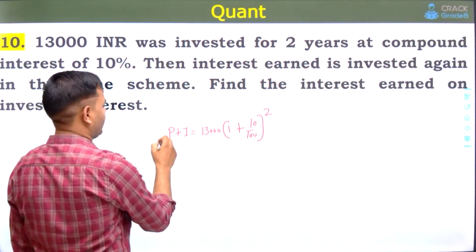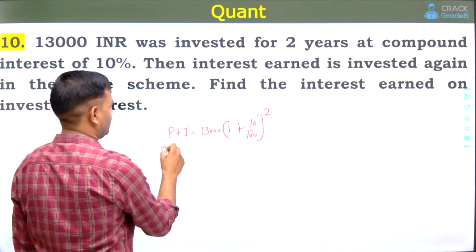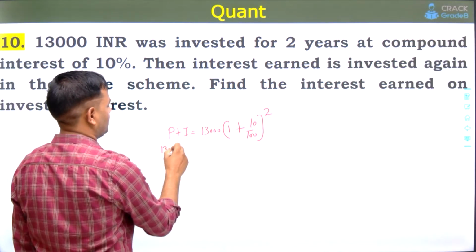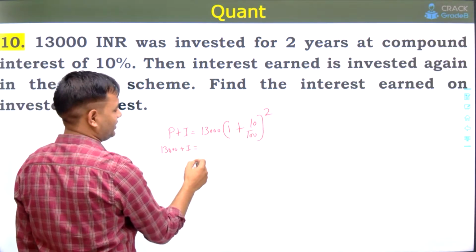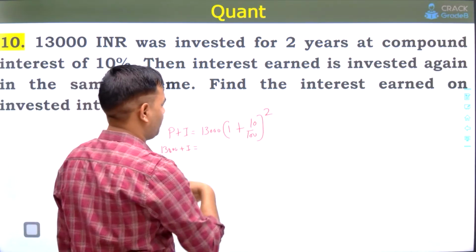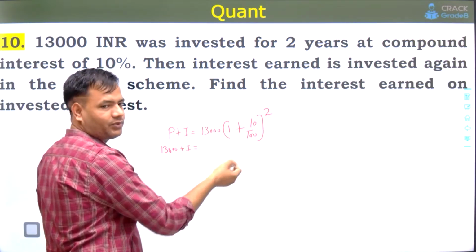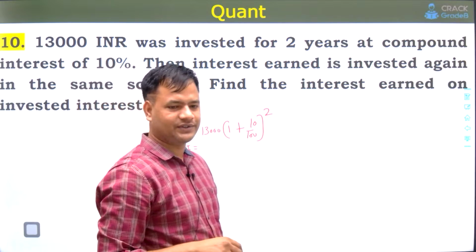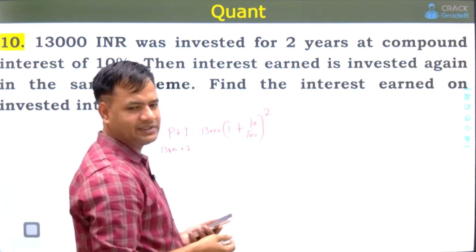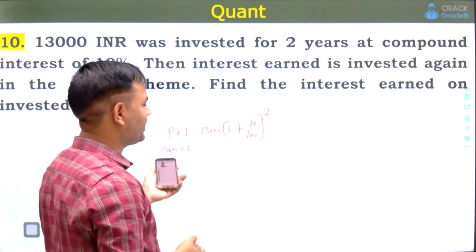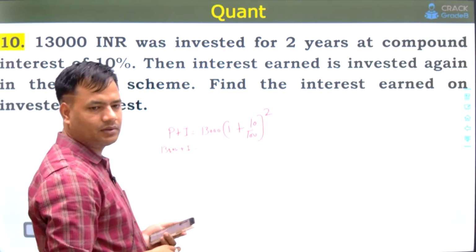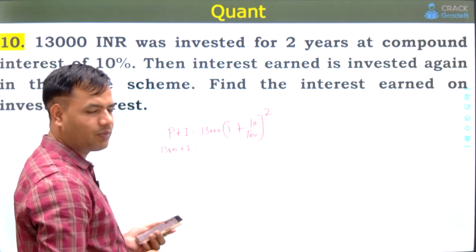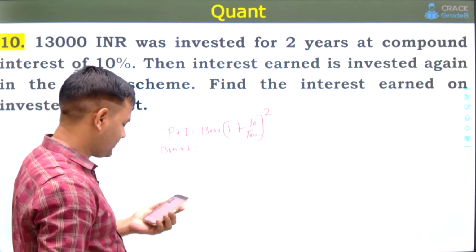So from here you can calculate interest only by calculating this equation, that interest you have put again in this equation, and from there you can calculate further interest. That is also an easy question. It is only the calculation you have to do using this compound interest formula. Most of the students know it.